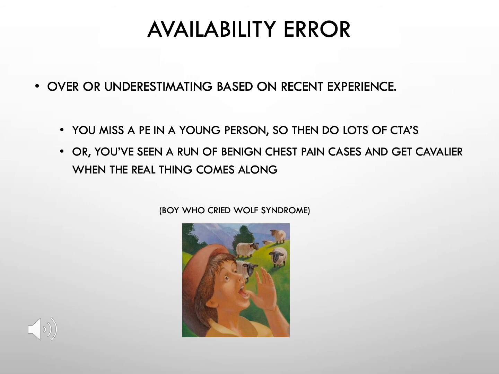Classic example is you've recently missed a PE in a fairly young person, so your threshold for doing CTAs goes way down, and you start doing lots of CTAs, exposing people to radiation that don't need it, etc. Or on the other hand, you've gone through 6 weeks of seeing tons of benign chest pain cases that you've worked up to one extent or another, get a little cavalier, start to trust your judgment a little bit too much, your sixth sense, and then the real thing comes along and you potentially miss it.